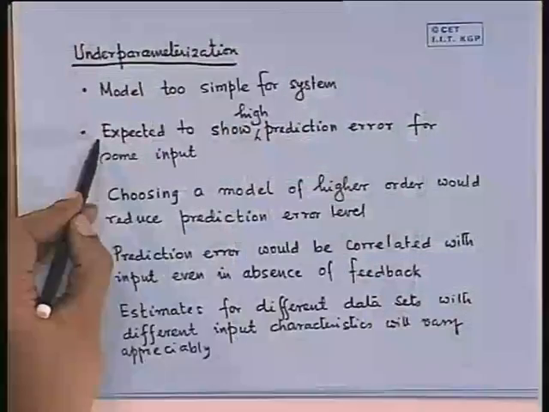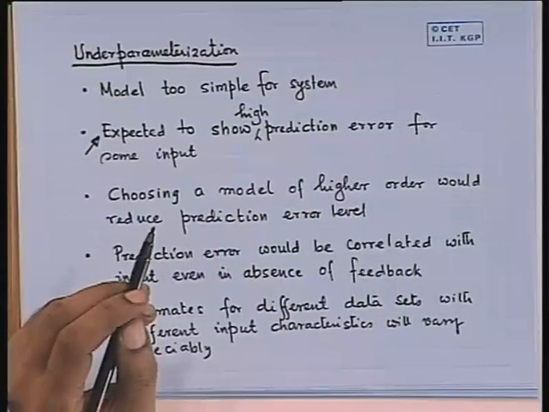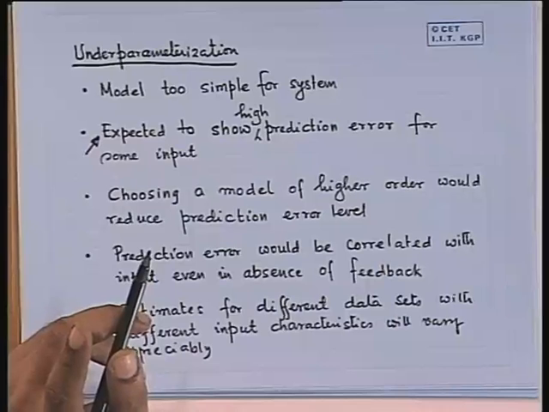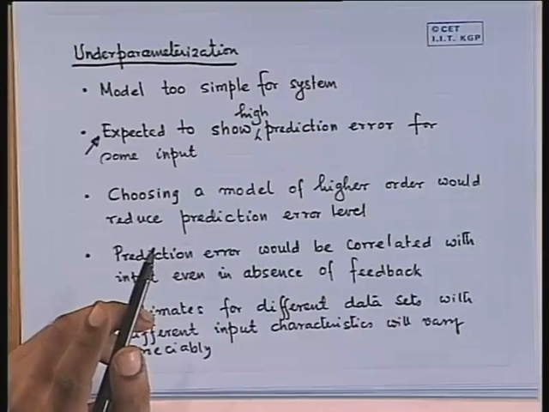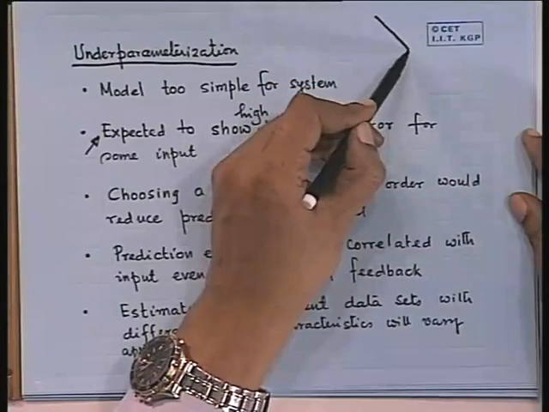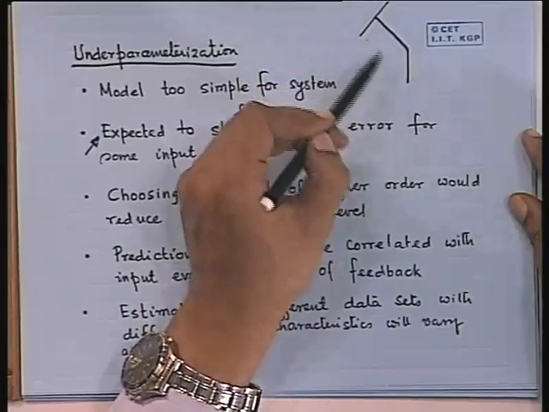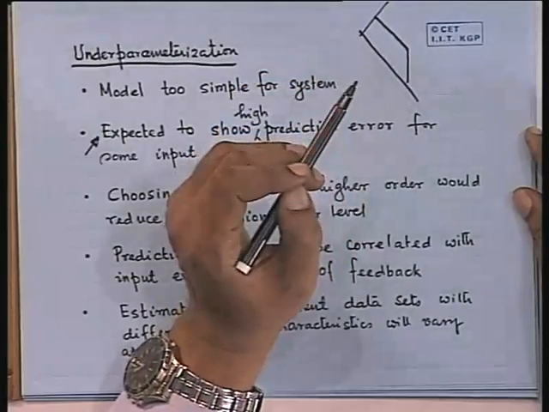So firstly, such a thing is actually expected to show high prediction error for some input, if you really need a second order model. This you can realize by seeing the Bode plots. Let us say the magnitude plots. For a first order system, it's going to be like this.